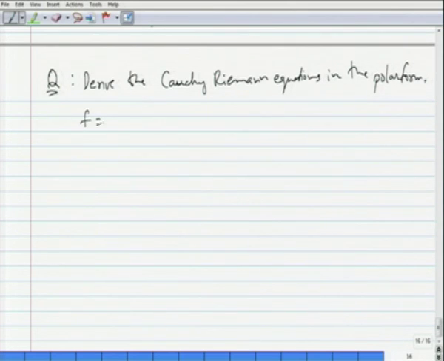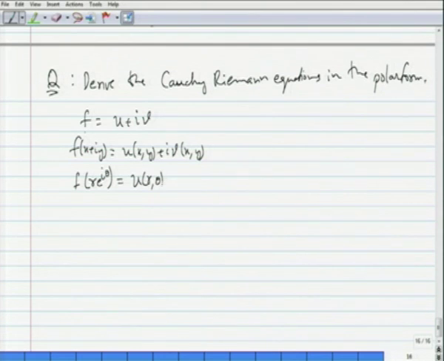So, if f is equal to u plus i v, okay, f is a function of z, f is a function of x plus i y, is u of x comma y plus i times v of x comma y. Okay. So, you can also consider, if x plus i y is non-zero, you can also consider f to be a function of r e power i theta, then you have u of r comma theta plus i times v of r comma theta.